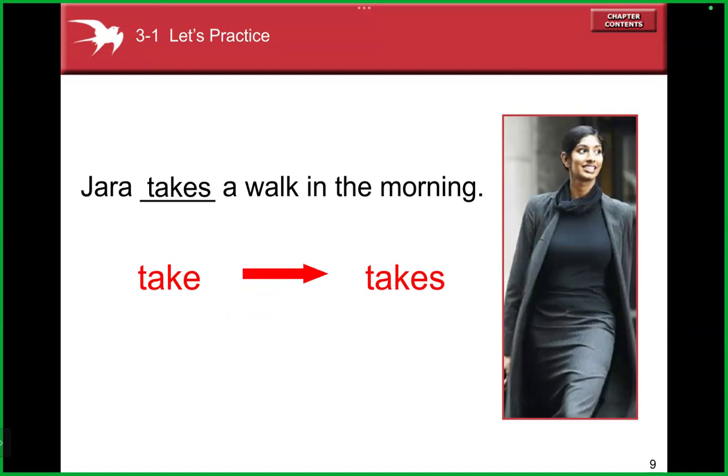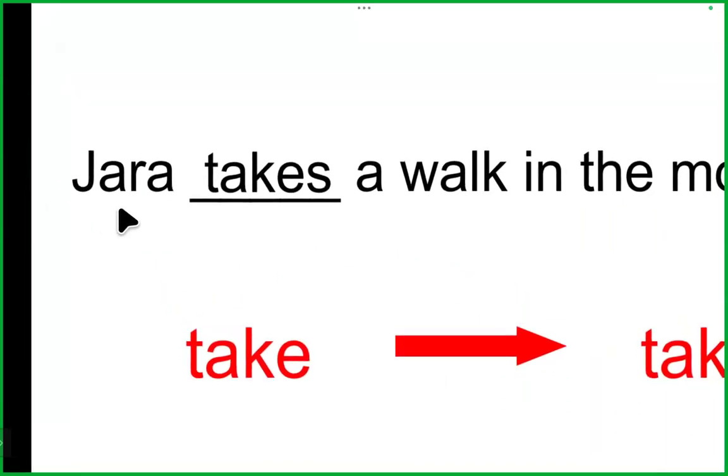No, the correct option here is the verb with the suffix because it's third person. You see, it's a name of a person, Jara. Jara is the same as when we say she, right? It's a feminine name. So the verb, we need to add the suffix letter s. Jara takes.